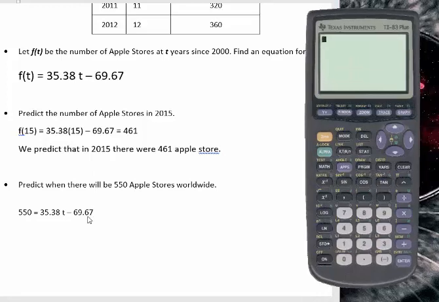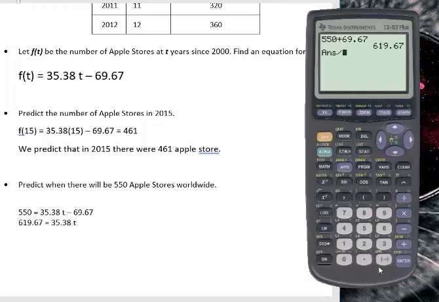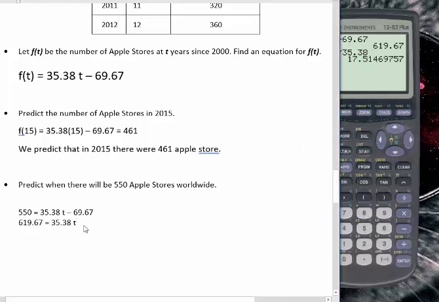The first thing you're going to do is add the 69.67 over to the other side, and you're going to get 619.67 equals 35.38 t. Now you're just going to divide that by 35.38, and you're going to get t is equal to 17.51, which we'll say is roughly t is equal to 18 when we round it.